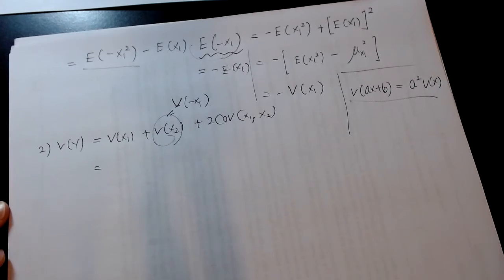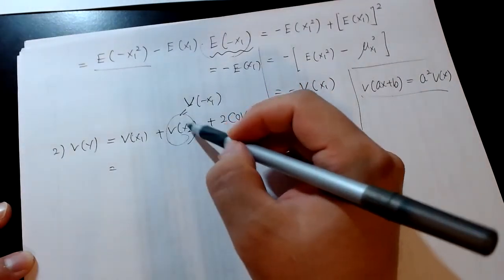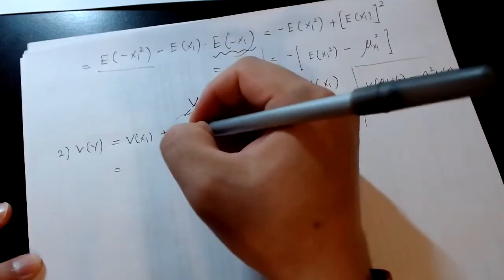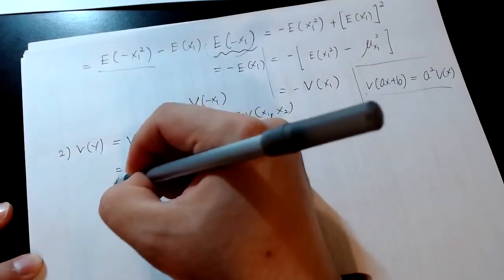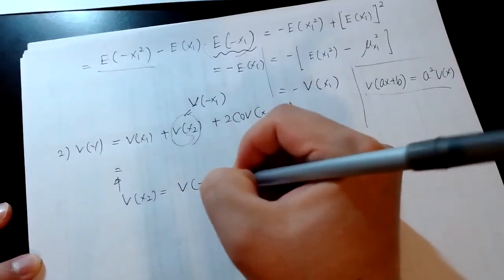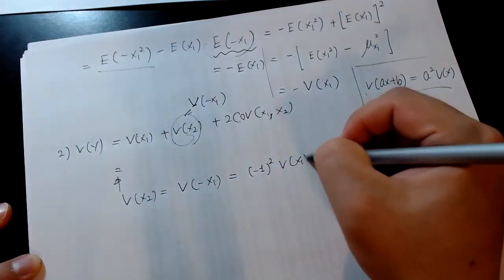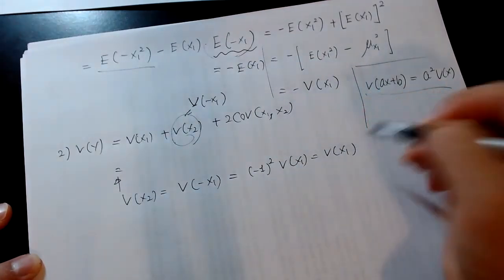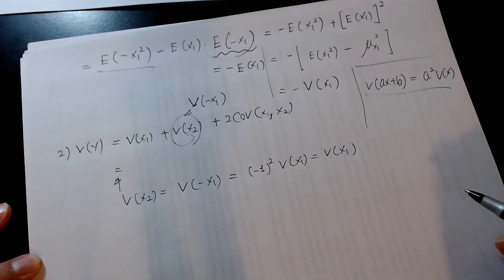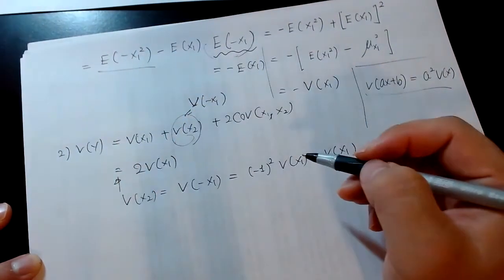I think chapter 3. So variance of x2 is equal to variance of negative x1. That is equal to negative 1 squared times variance of x1, which is variance of x1. So we got 2 times variance of x1, right?